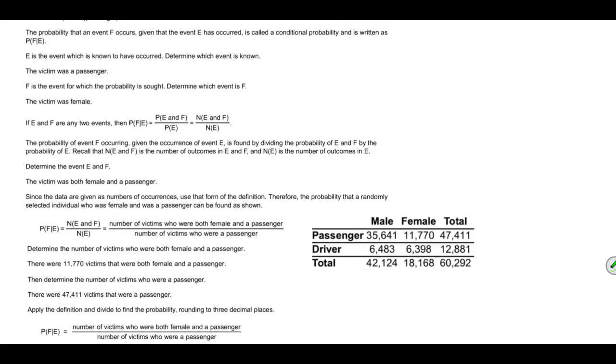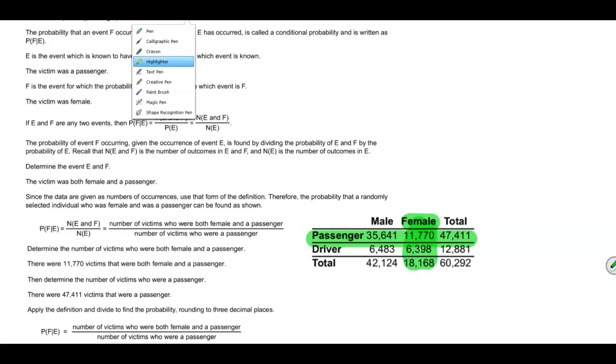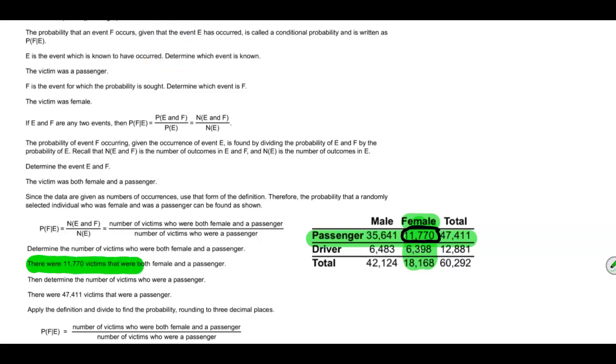Here we have passenger, and then the column that represents female. And if you notice, this number is 11,770. So therefore, there were 11,770 victims that were both female and a passenger.